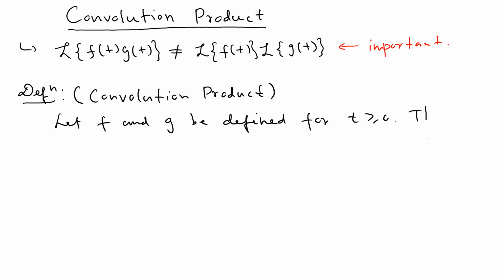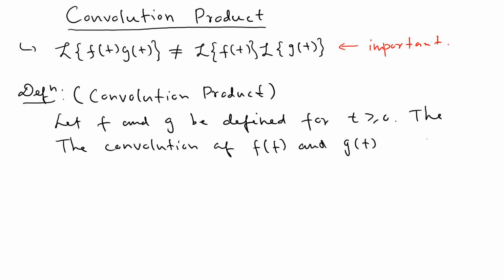Then the convolution of f(t) and g(t) is defined by, so that's a special notation, we use a star for that. We use f star g. That means the convolution. So that's just one function of t.